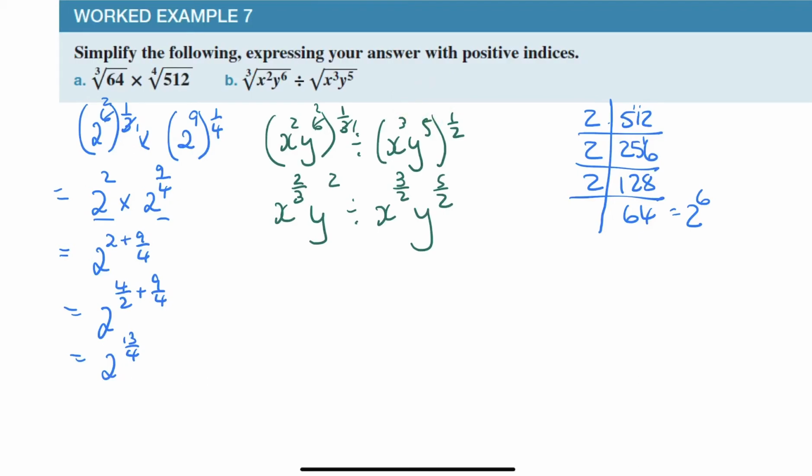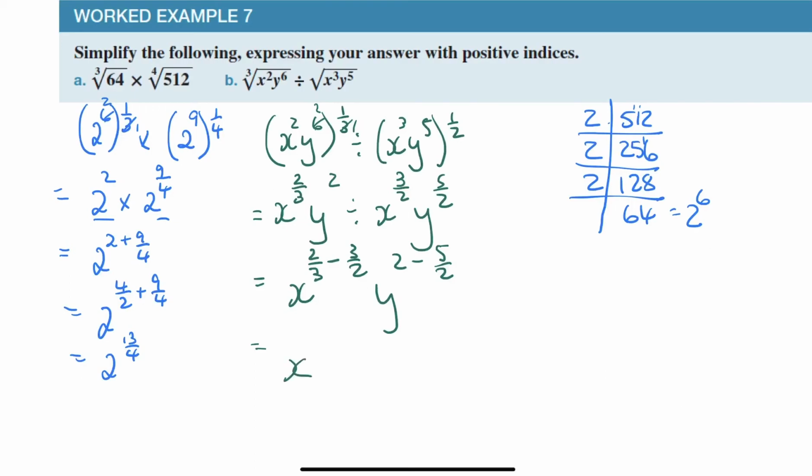Because it's division, I'm now going to subtract these from that when I write on the same line. So it's x to the power 2 over 3, take away 3 over 2, which comes from there. Y to the power 2, take away 5 over 2.